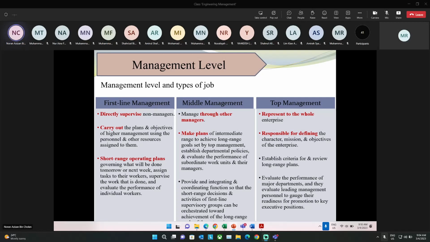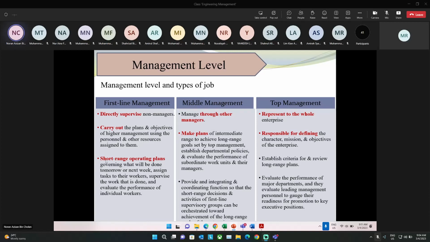They get the direction from the middle management, for example from the chief engineer, and the engineer will carry out the plan.